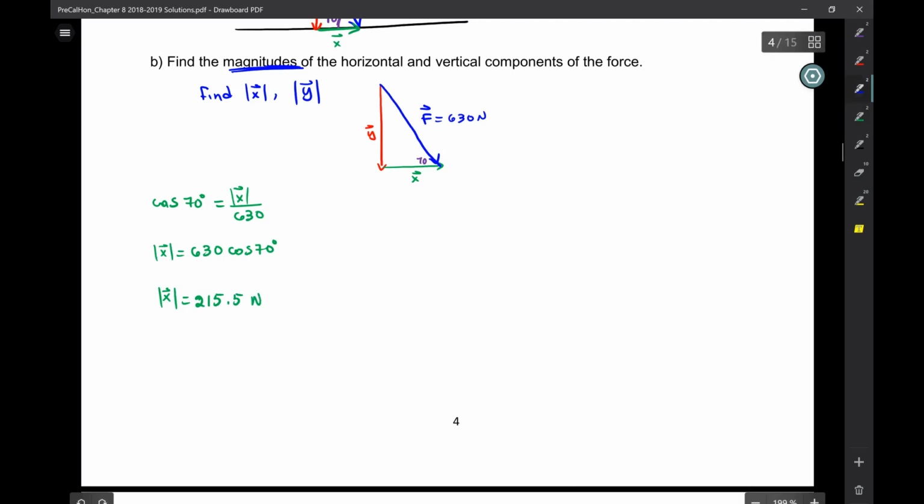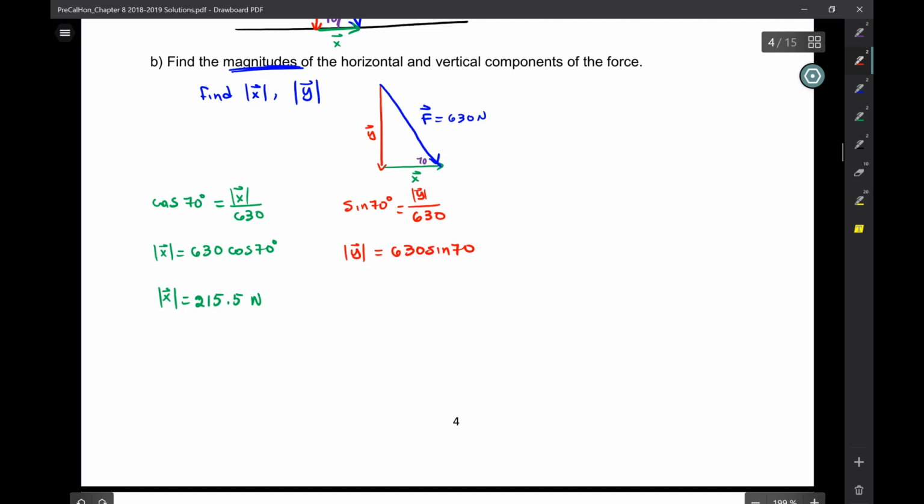Now, the sine of 70 degrees. I've never heard that joke before when I'm teaching about force. The sine of 70 degrees is what? I had to make the joke. Y over 630. So that means the component Y is equal to 630 sine of 70.